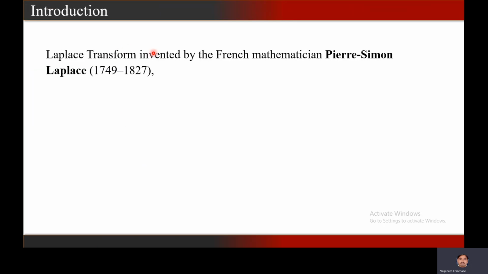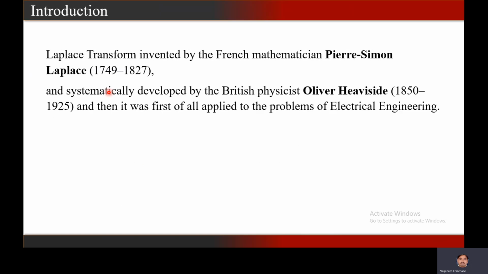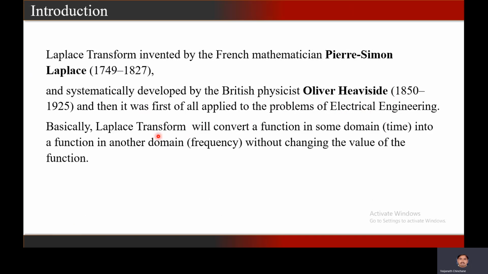The Laplace transform was invented by the French mathematician Laplace, whose duration is 1749 to 1827, and it was systematically developed by the British physicist Heaviside, whose duration is 1850 to 1925, and then it was first of all applied to problems of electrical engineering.